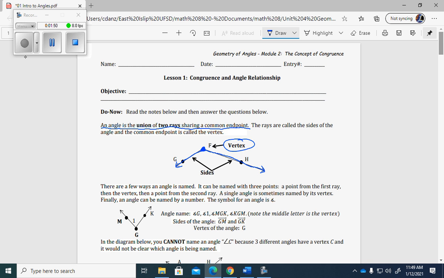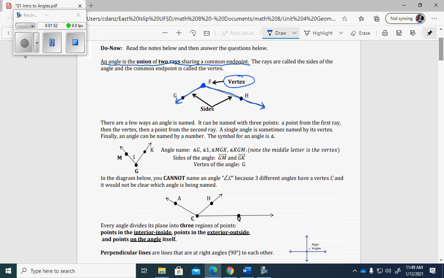And angles are named in multiple ways. My favorite way is naming it with a number. So this has a number 1 in it. So it could be called angle 1. And the symbol in front of that number 1 there, that's the angle symbol. We very often also name angles using 3 letters. So we can name this MGK.